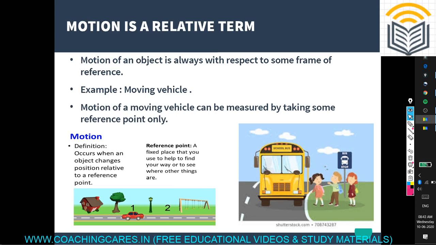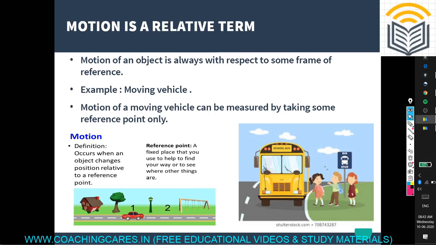So what do you understand by this term, frame of reference? Basically, suppose you are understanding the motion of an object. You will have to consider one observer, or you have to consider a reference point somewhere. Based on that, you can describe the motion of that particular object.